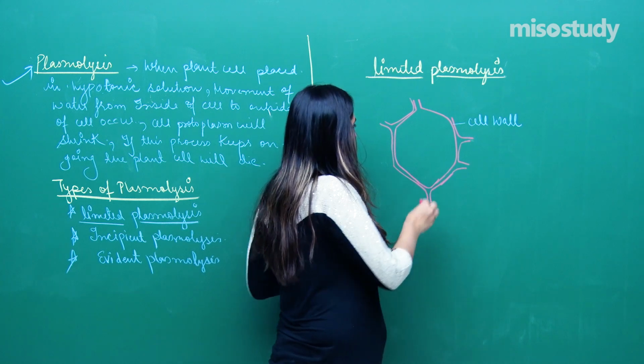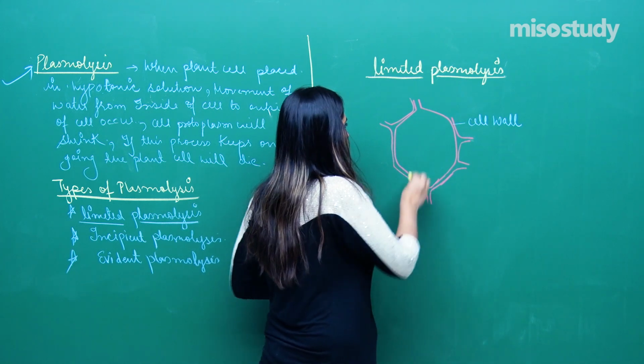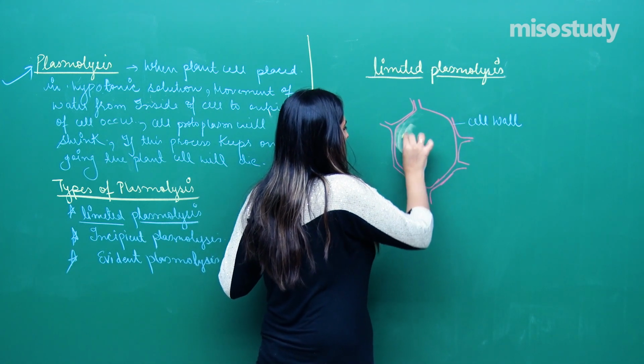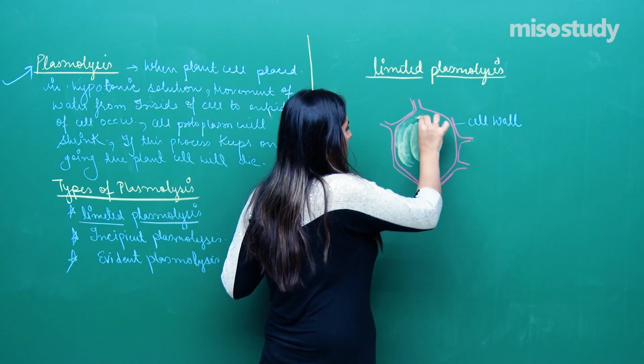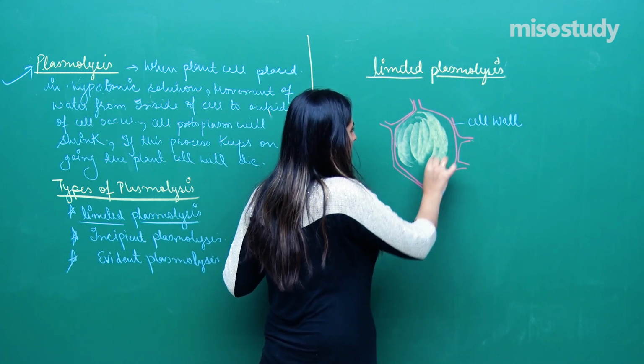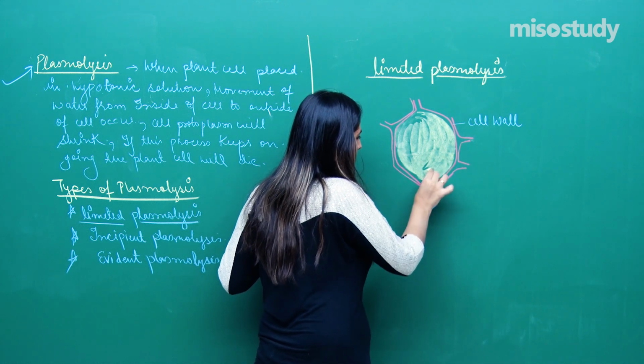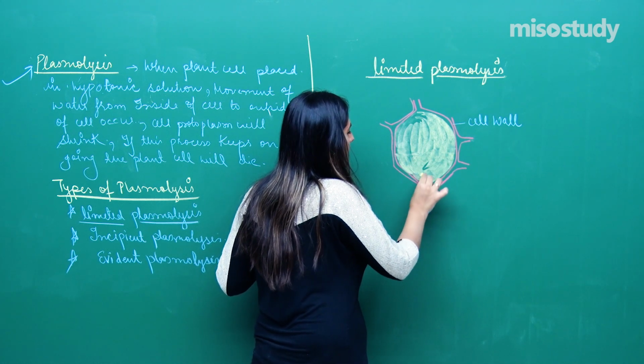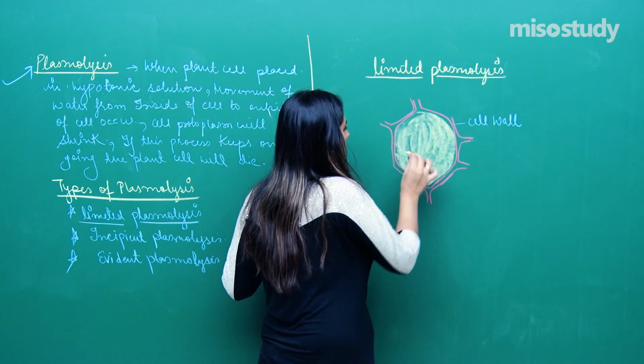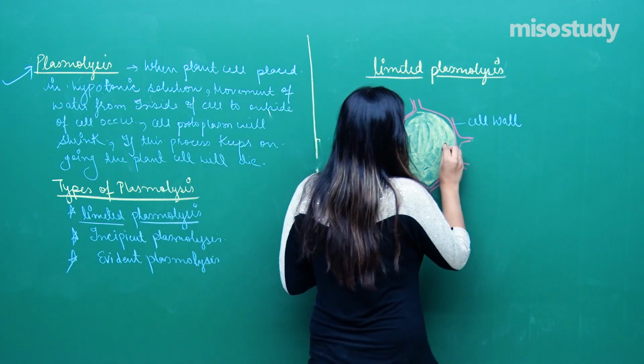Along with this, the protoplasm will be present over here, separated from the cell wall by the cell membrane. This is our protoplasm.